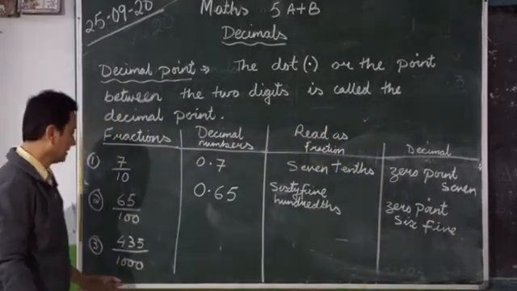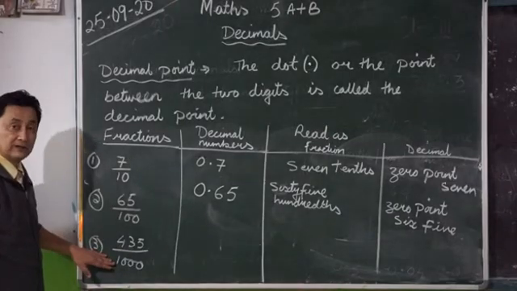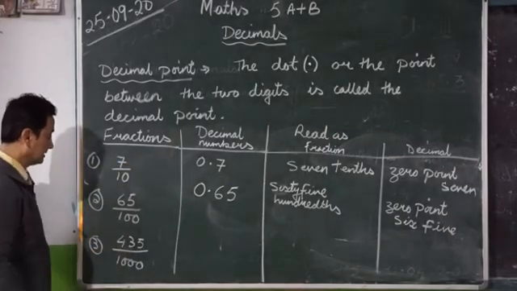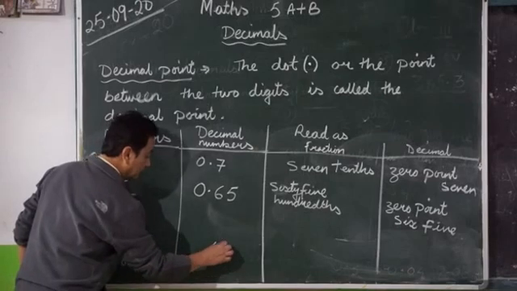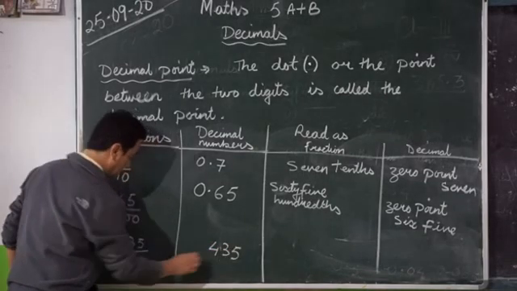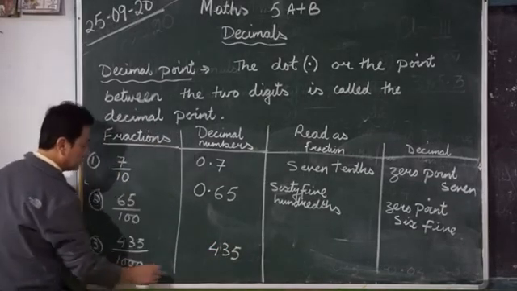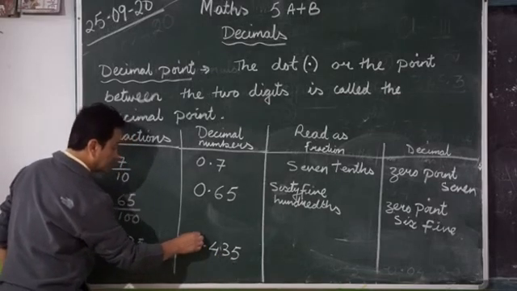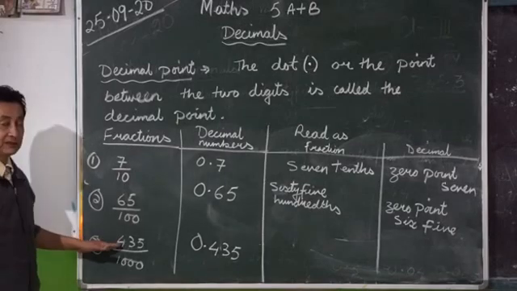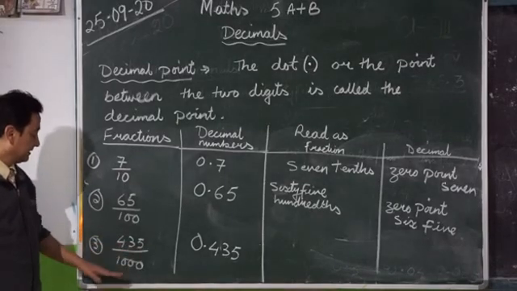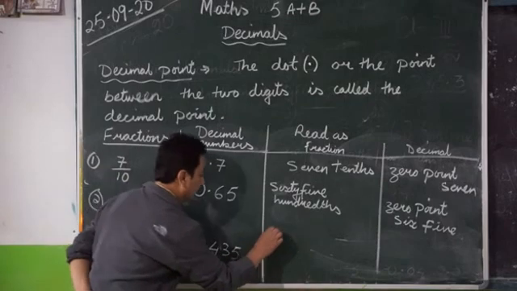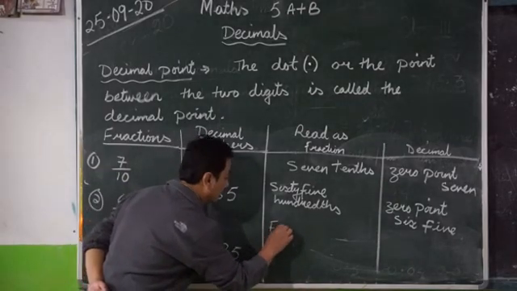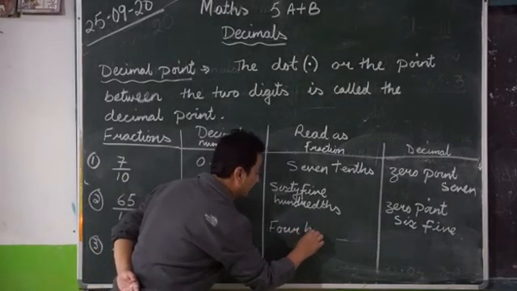It's easy. Now we convert this into decimal. So we write 4, 3, 5, 1, 2, 3 points, and there's no number here, so we put the 0. We read this as 435 thousandths.